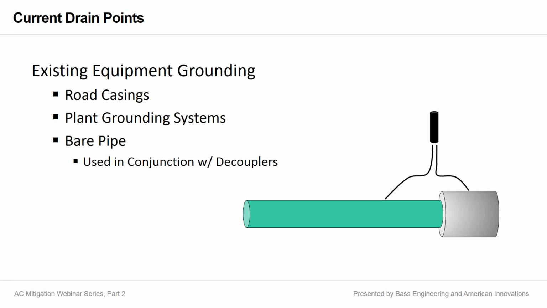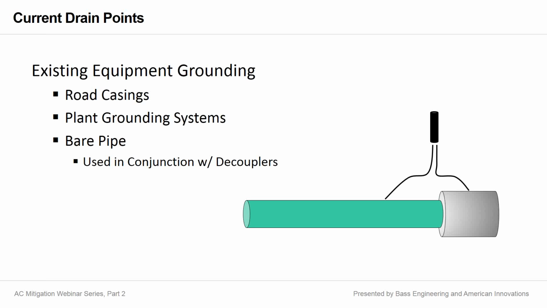Many times these casings are electrically isolated from our pipelines. Obviously, we hope that they are, but you would want to verify that they are electrically isolated from your pipeline, and then you might consider using that casing as a current drain point or grounding point for that pipeline.